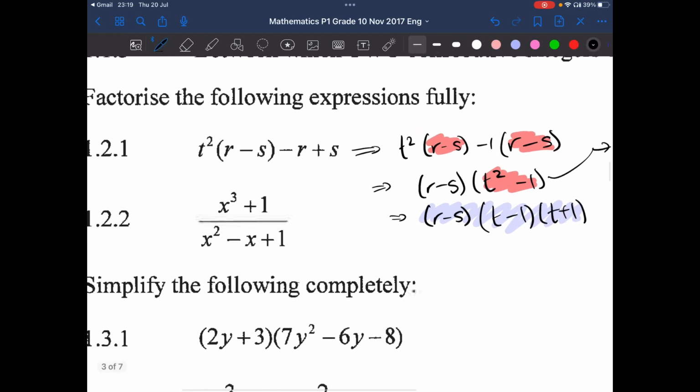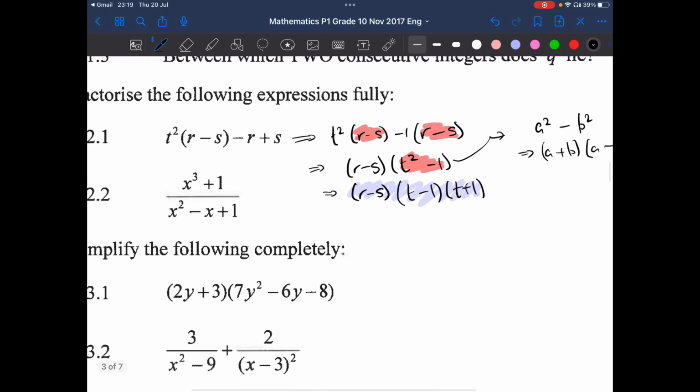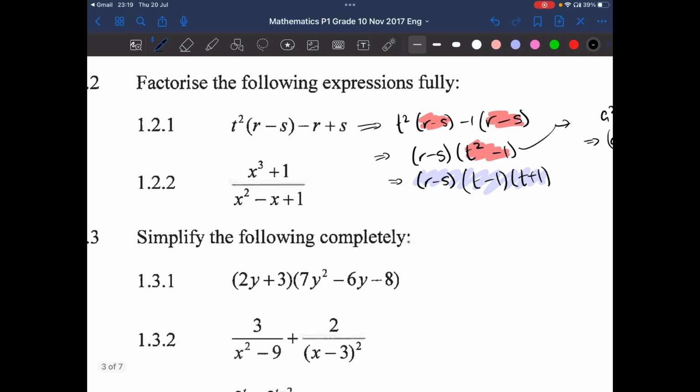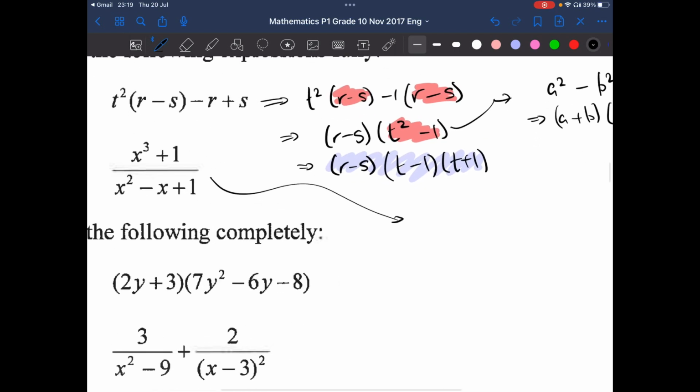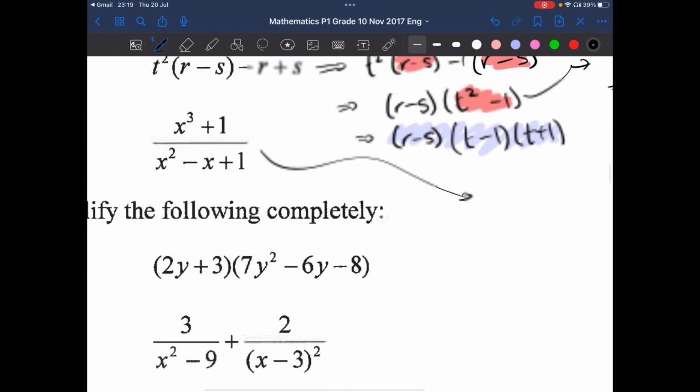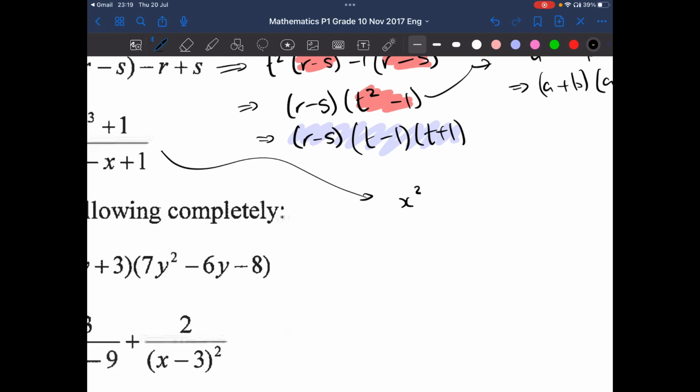Okay, cool. The next question, 1.2.2. Let's bring it down here and look at it. So we have x cubed plus 1 over x squared minus x plus 1.